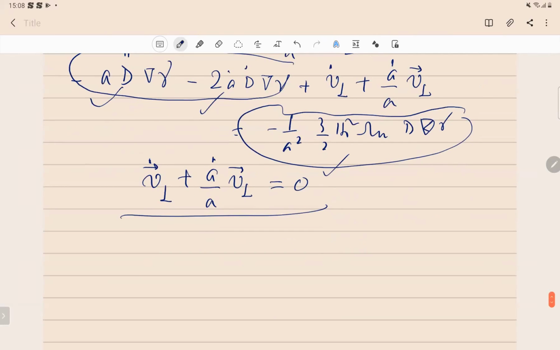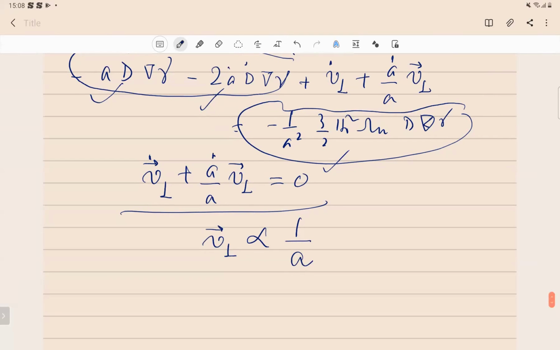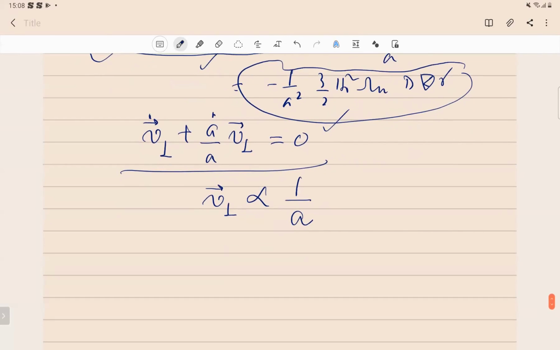What it essentially means is that this v perpendicular goes as 1 over a, because v dot by v equals minus a dot by a, so v goes as 1 over a. So this is very important.